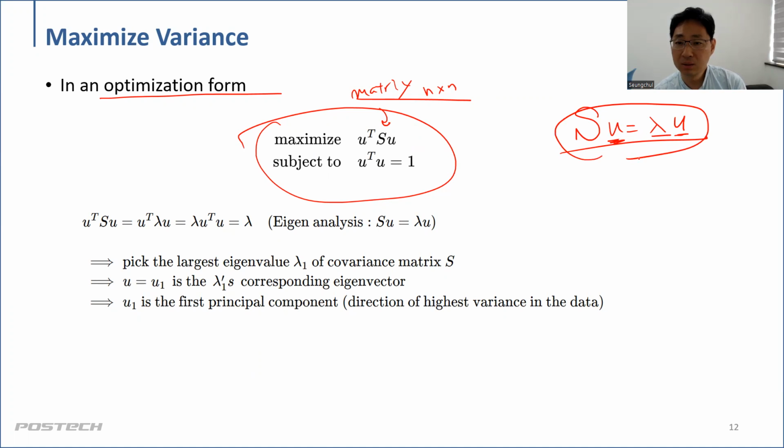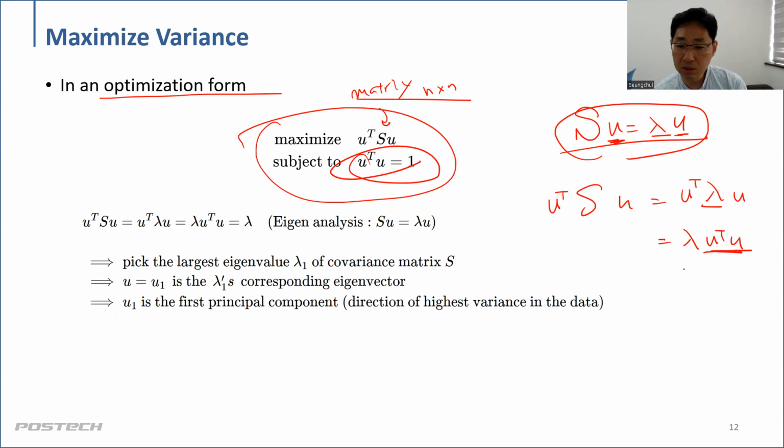We can always find them. So let's do U transpose, and lambda is a scalar, so U transpose U, and we know this is the same as lambda. So we can write it down: maximize lambda. That's it.